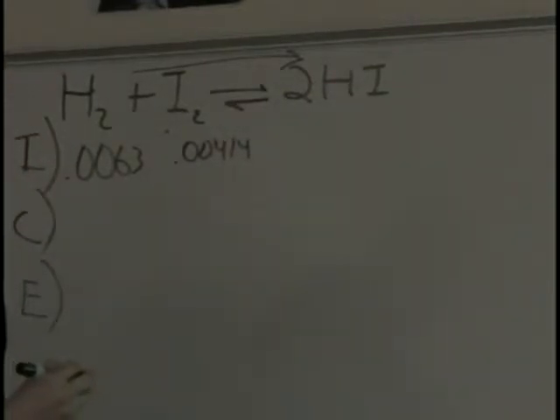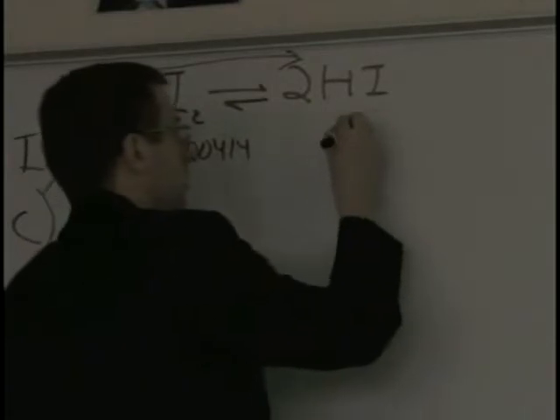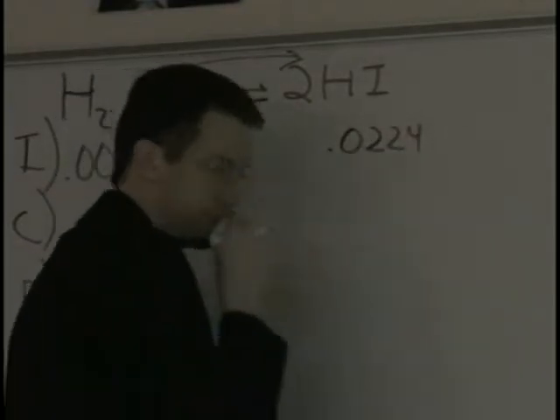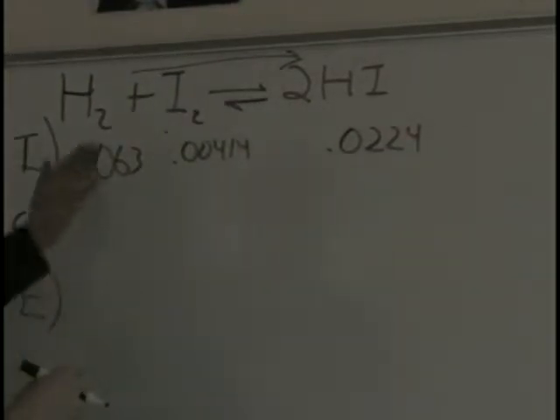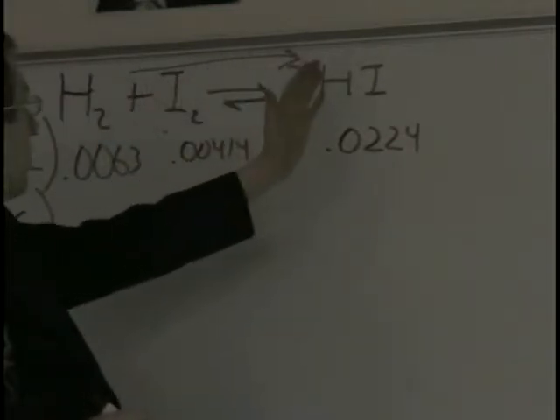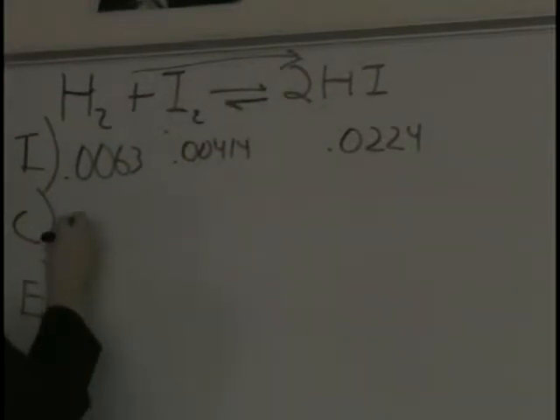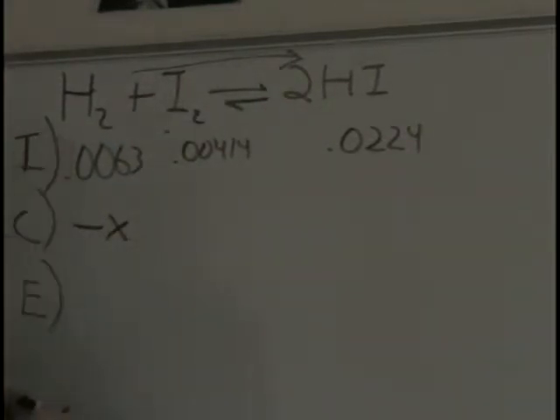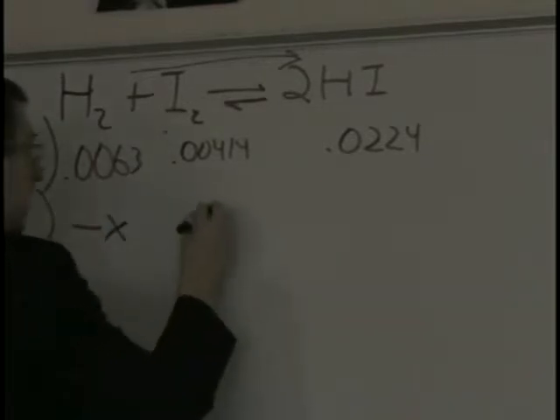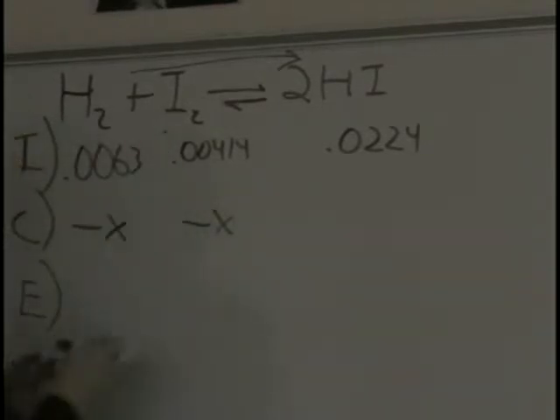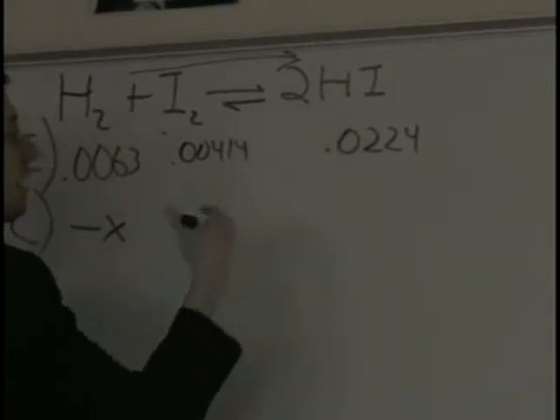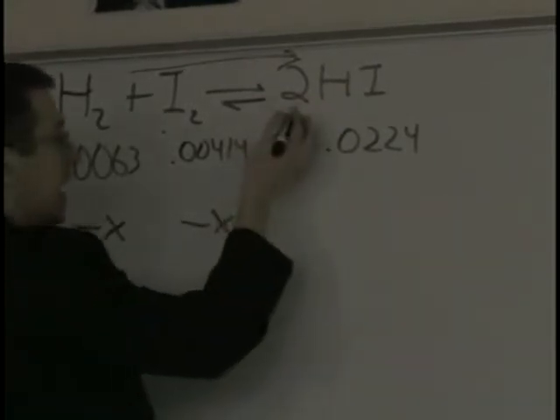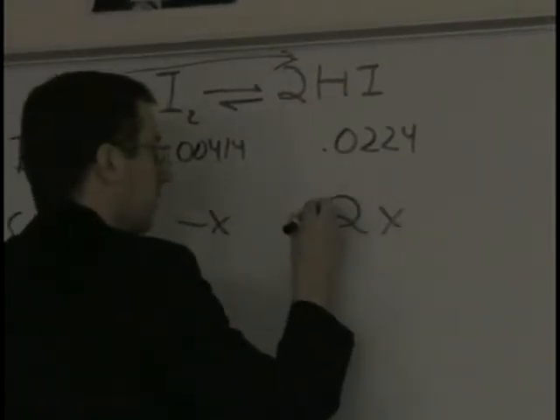And then my HI is 0.0224. If the reaction is going from the left to the right, the change is going to be a negative X for the H2. The change is going to be a negative X for the I2. The HI is going to gain then, and it's going to gain 2X.